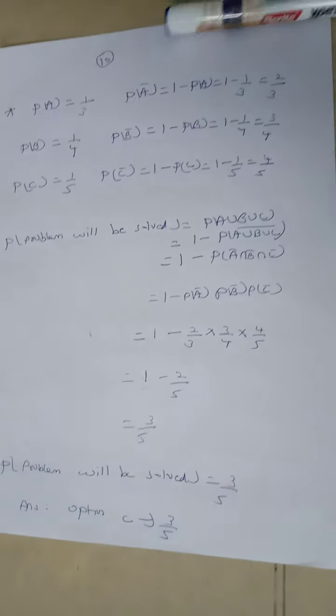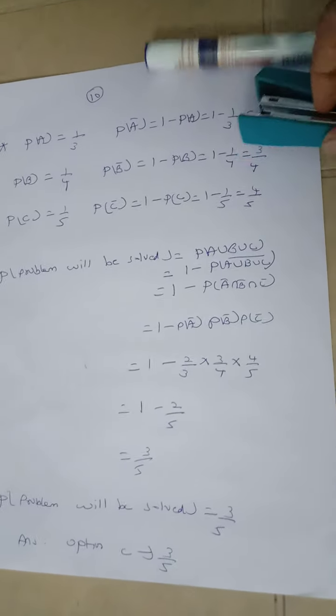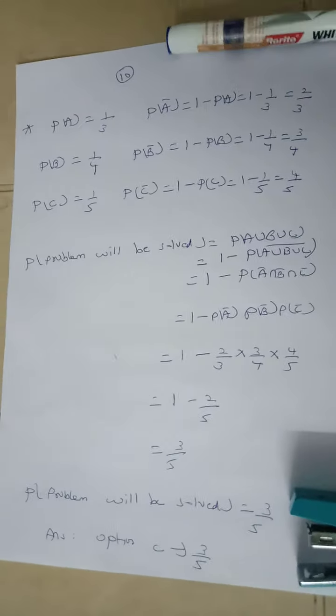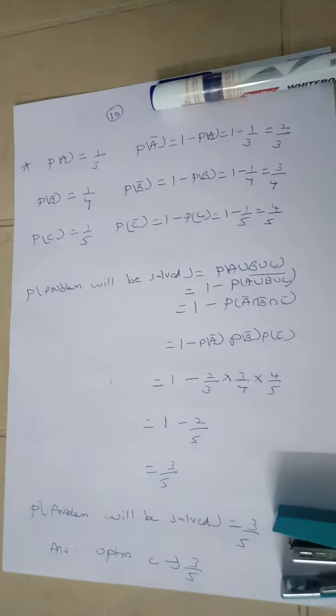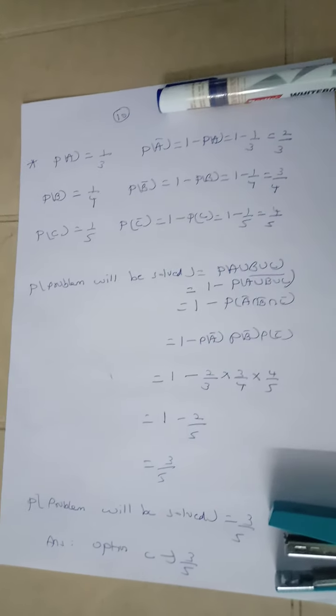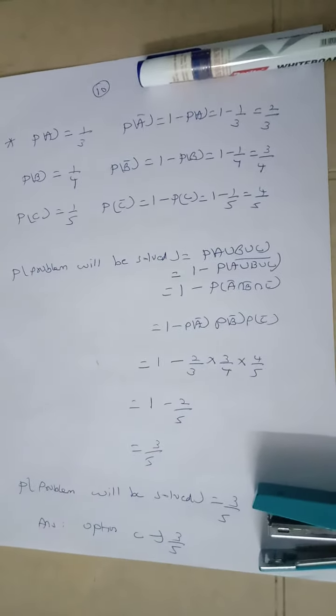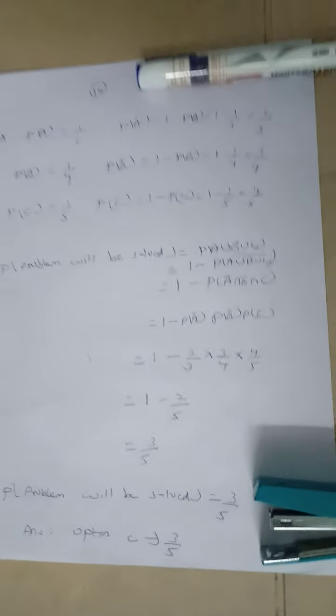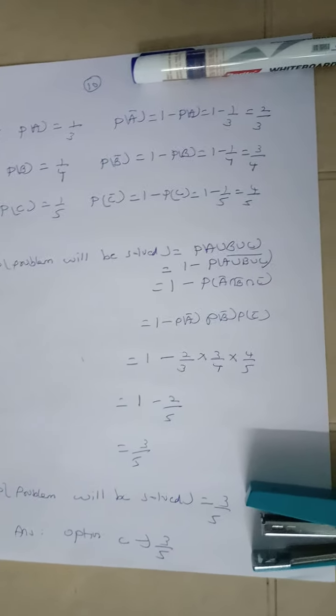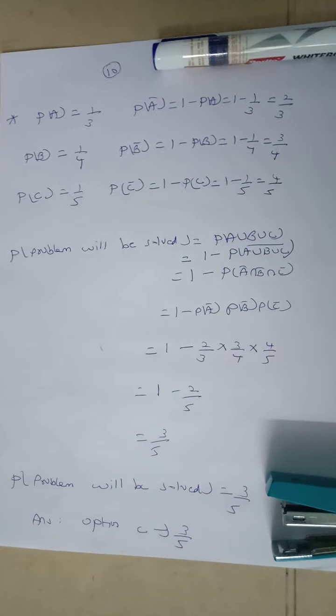So the probability that the problem can be solved can be represented by probability of A union B union C. So P of A is given as 1 by 3, the probability of A solving the problem. Probability of A not solving the problem, represented by P of A dash, is equal to 1 minus P of A, 1 minus 1 by 3, which is 2 by 3.